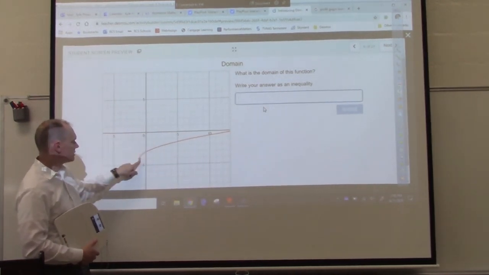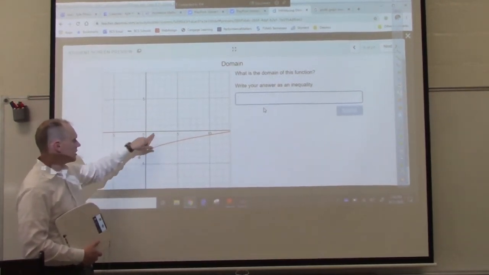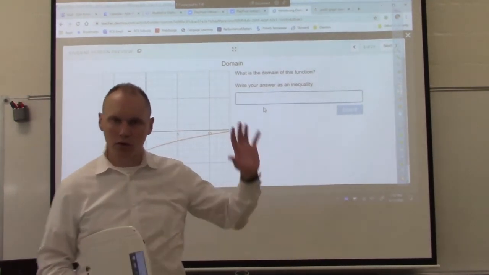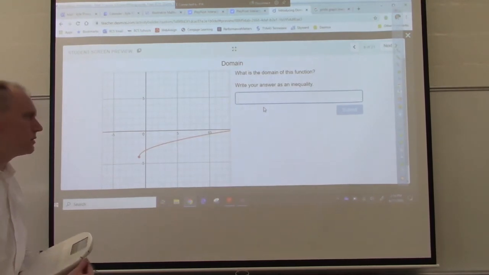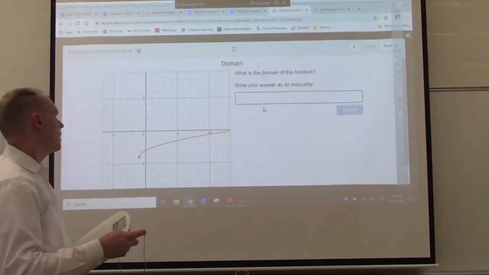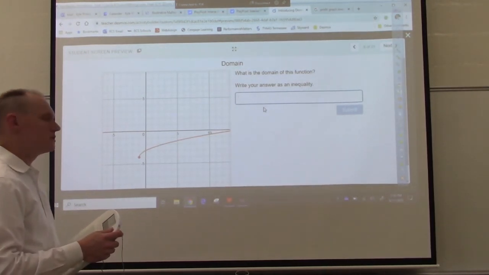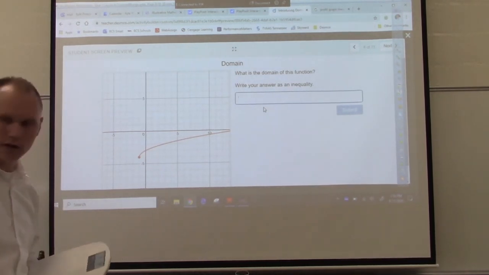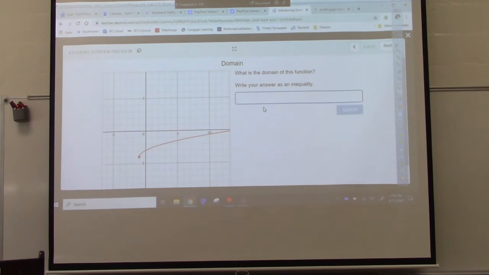So -1 has a point there. 0 does, 4, 5, 6, 7, all the way. We're going to assume it goes all the way to infinity. So therefore, our domain is all x values greater than or equal to -1. So let's type that in. All x values greater than or equal to -1.